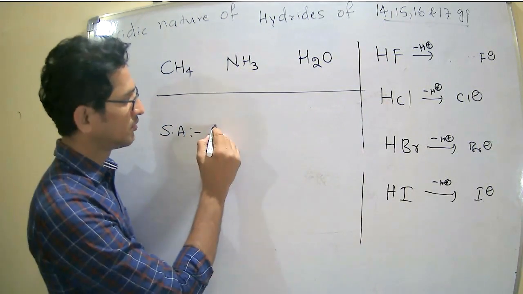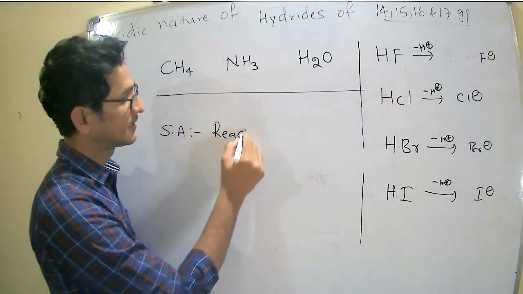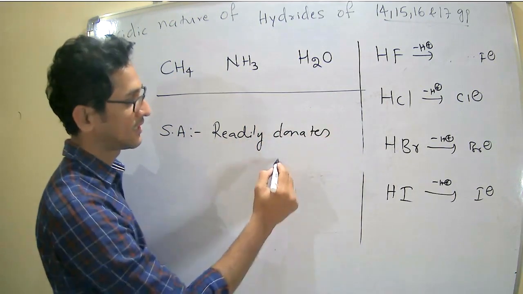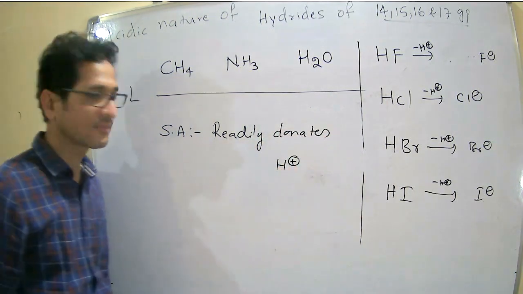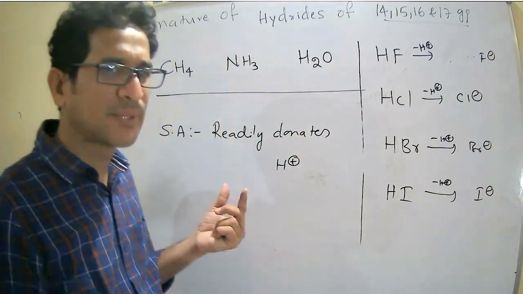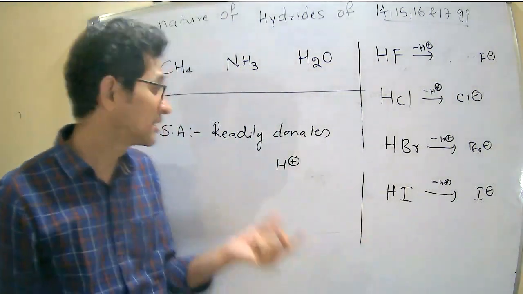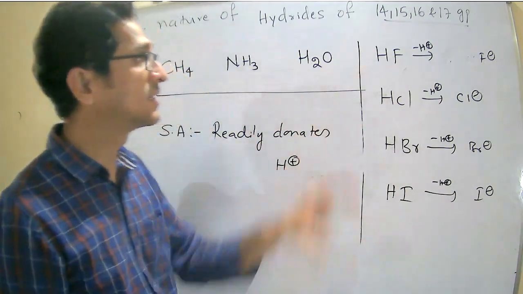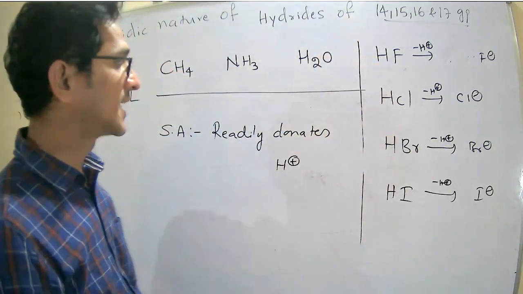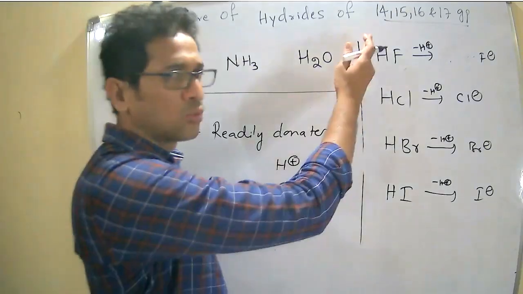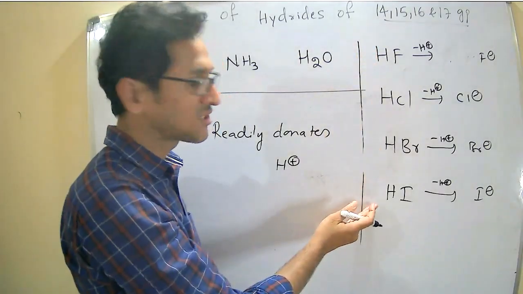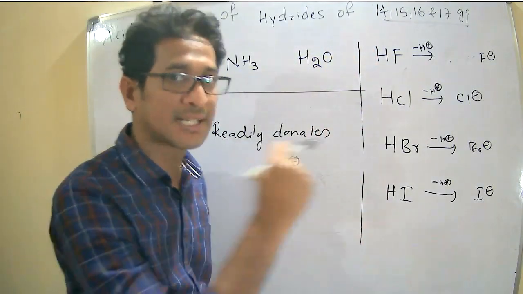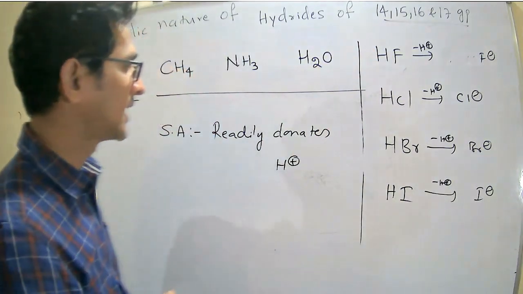A strong acid must readily donate an H plus ion. Now we have to find out which of these has the greater tendency to lose an H plus ion.